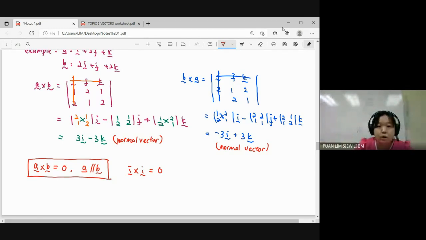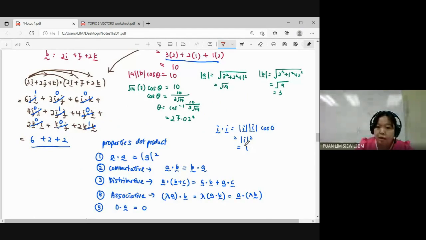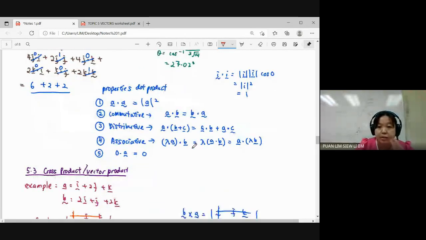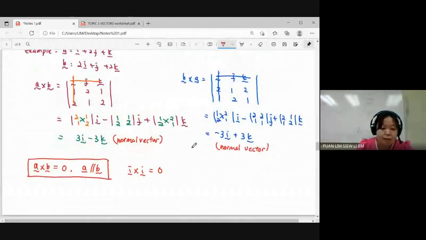Tapi tadi kita dot, I dot I is magnitude. You can see magnitude I square, which is 1. So lain properties, lain benda. So yang benda nak ingat pun lain. So bila saya nak buat I cross J, what can you get? What do you think? I cross J.